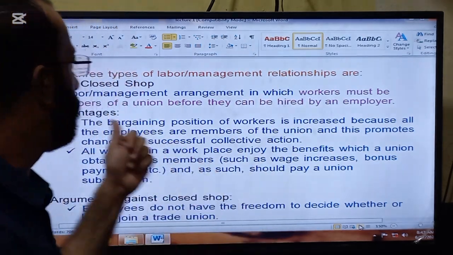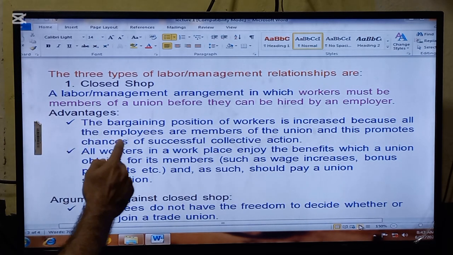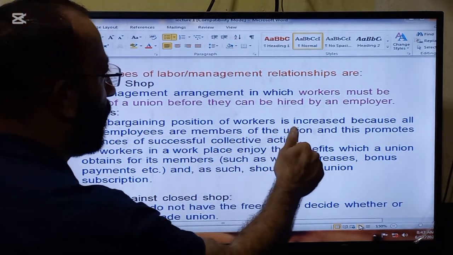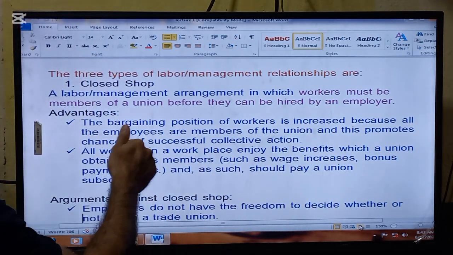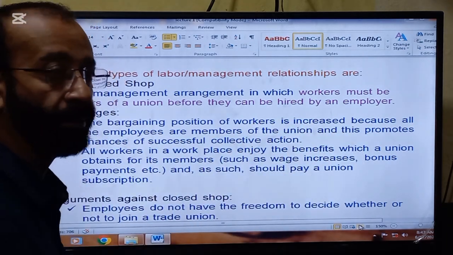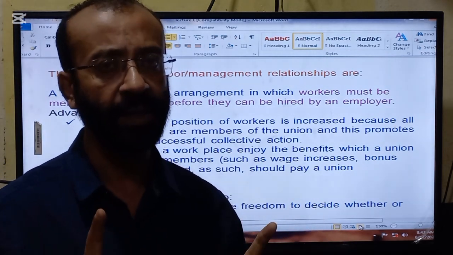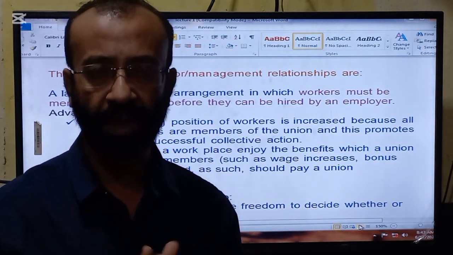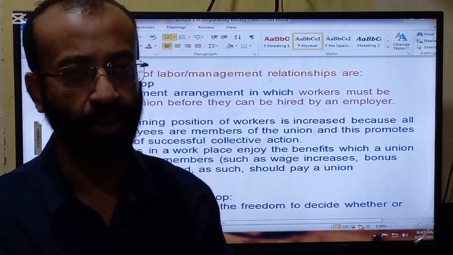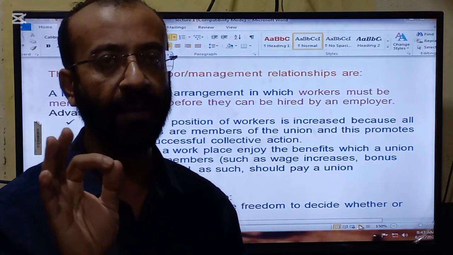A closed shop is a labor management arrangement in which workers must be members of a union before they can be hired by an employer. There is a condition: if you want to join us, you first have to take membership of a particular trade union before you get employed.